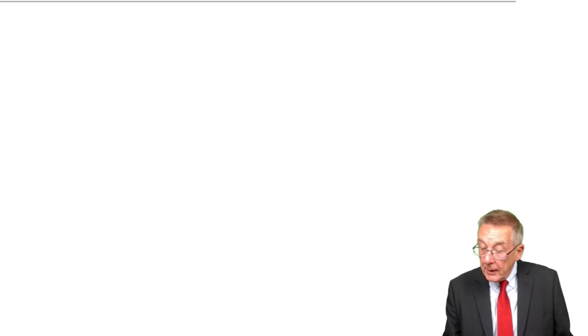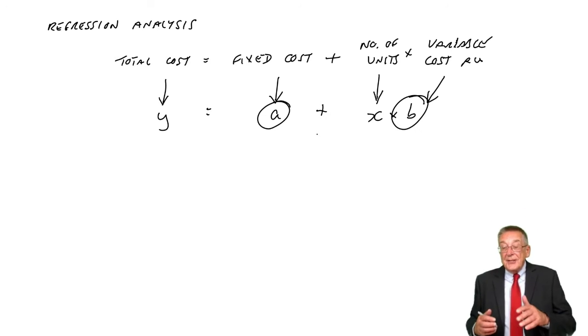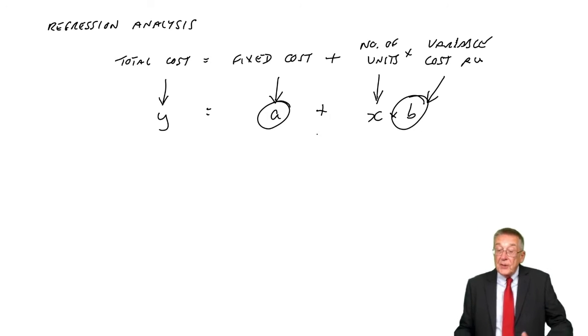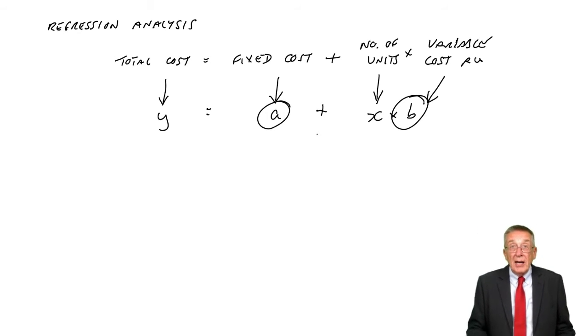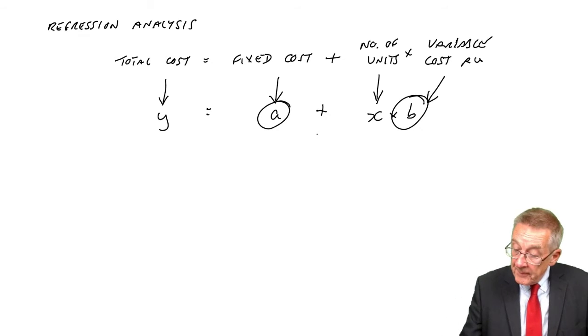Well, let's list those as a table. And for purposes of using the formula, we're going to need what's x and what's y. Well, think about it. x is the independent variable because the total cost y is going to depend on the number of units.